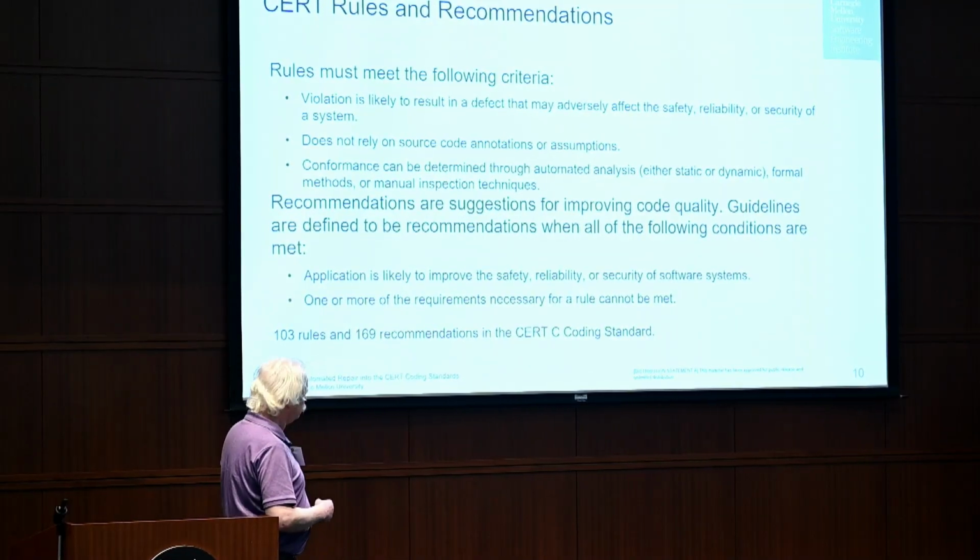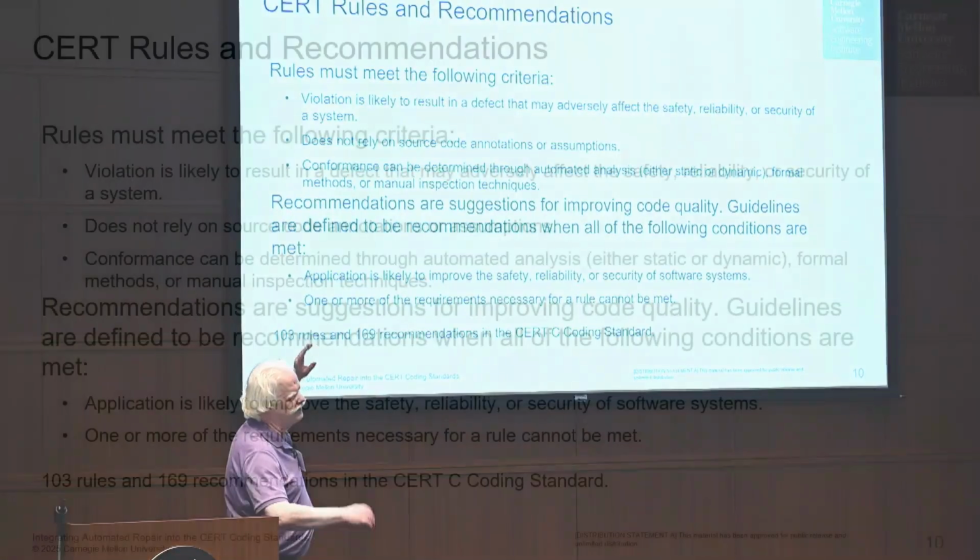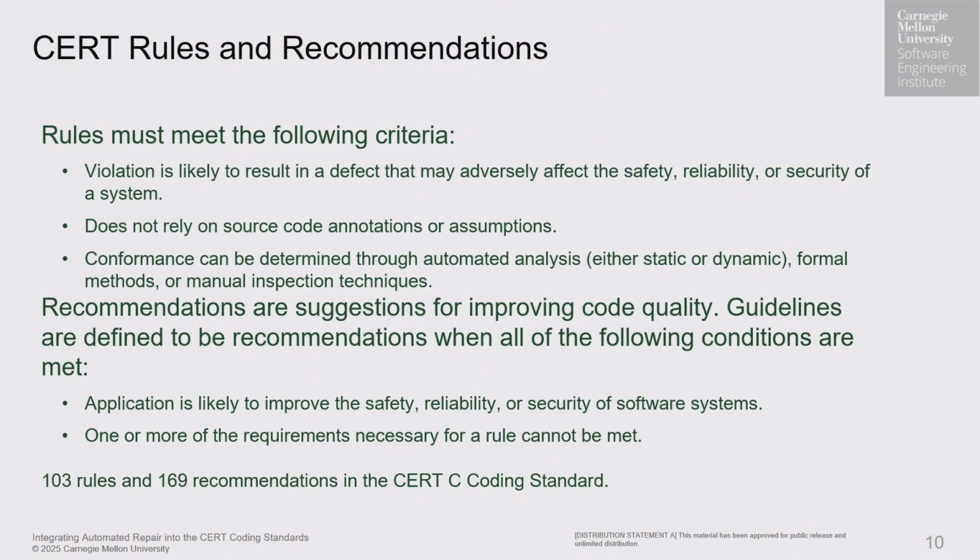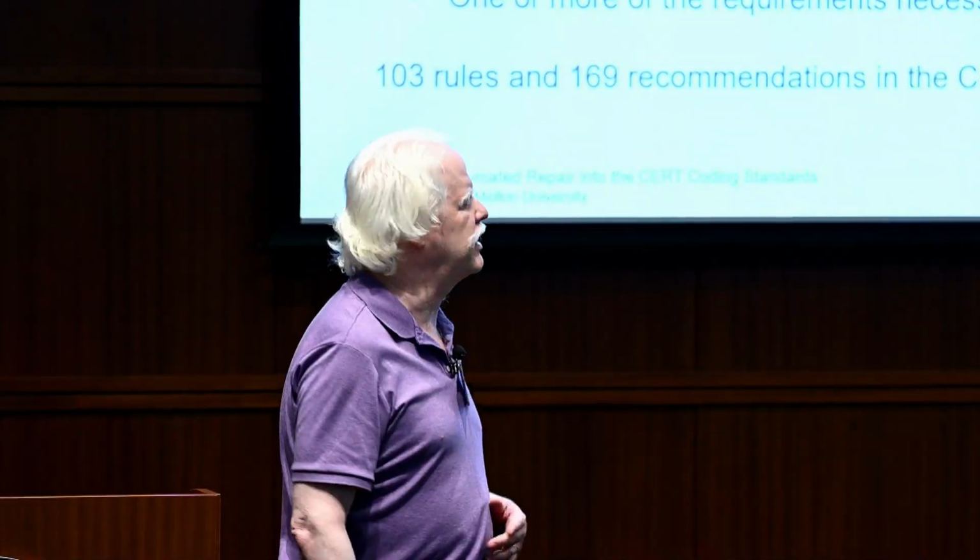So, getting back to here, the point is that two people can look at the rule and look at some code and say yay or nay whether the code agrees with the rule or not. If they don't agree, then either they don't understand the code, or they don't understand the rule, or the rule is ambiguous. And I know this because I spent a lot of time arguing with coworkers about the rules and trying to hone them and make the rules precise enough so that we could agree.